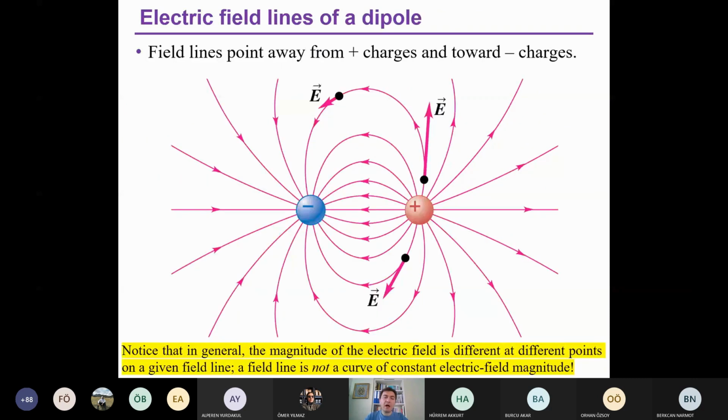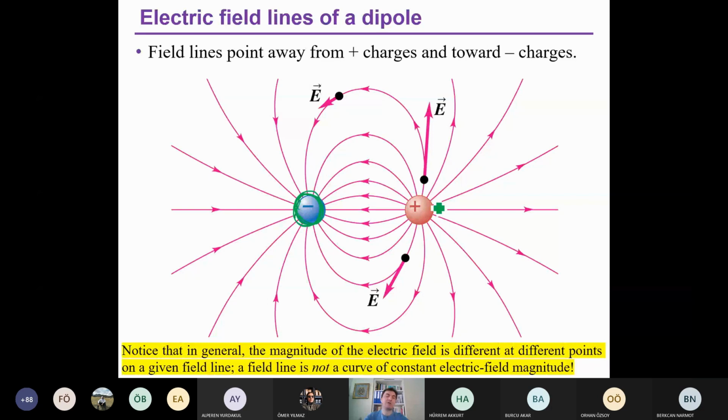So now let's continue with the electric field lines of a dipole. What is a dipole? A dipole is 2 charges that are equal in magnitude but have opposite signs. This is an electric dipole. Here I have a negatively charged particle. Here I have a positively charged particle.